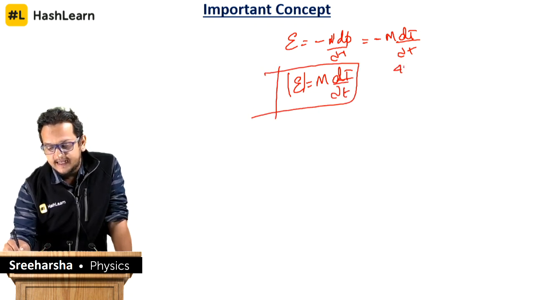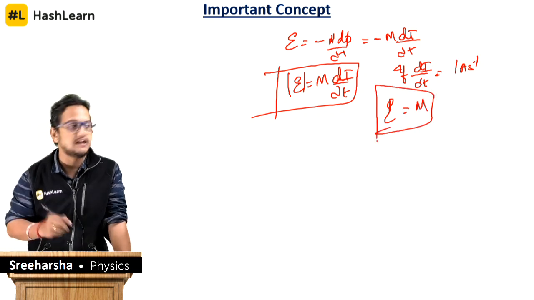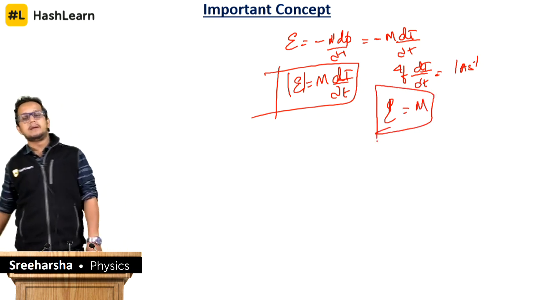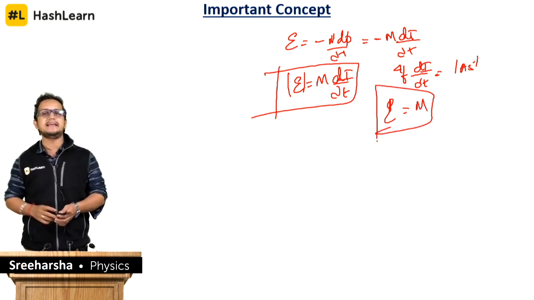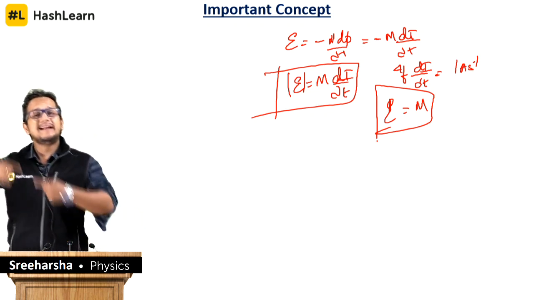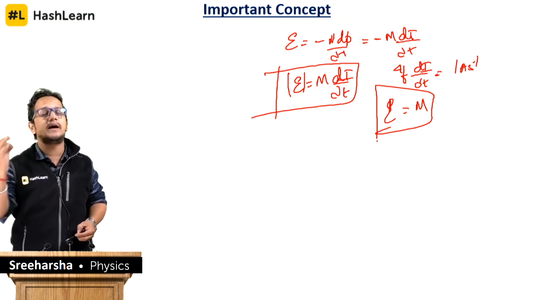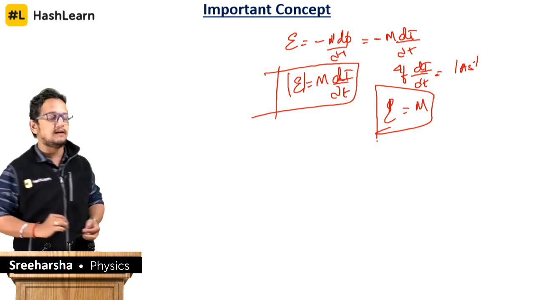So if di by dt is equal to 1 ampere per second, then the induced EMF is equal to the mutual inductance. The mutual inductance is numerically equal to the induced EMF in the secondary coil when there is a change in the current in the primary coil at the rate of 1 ampere per second.